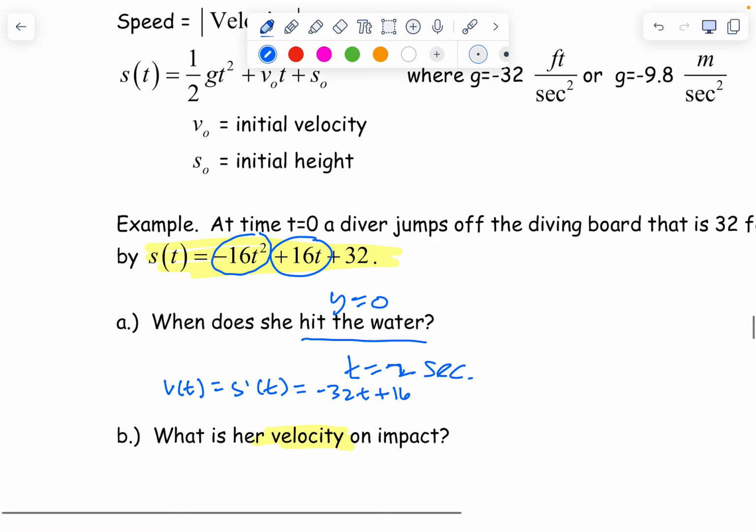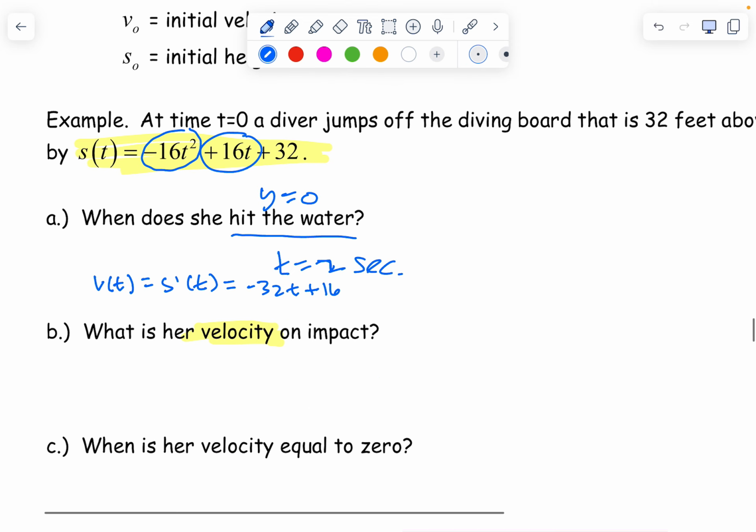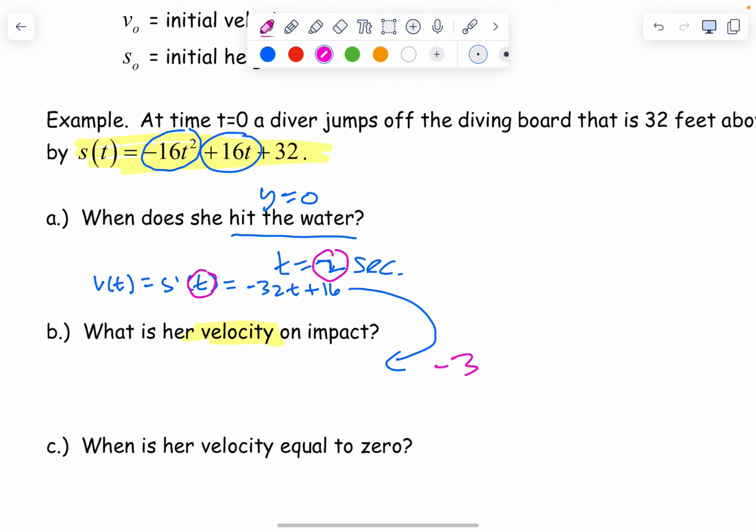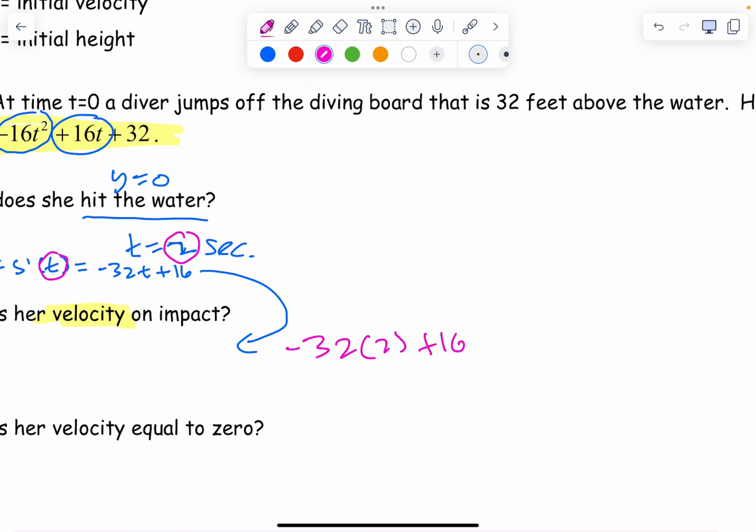So from the previous question, we know it's going to hit the water at 2 seconds. Silly me, I was writing over in the wrong place. So I'm going to plug in 2 into this. When I do, I get negative 32 times 2 plus 16. You can type it on the calculator if you want.